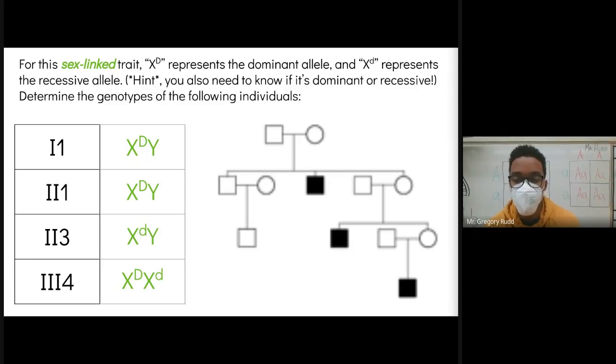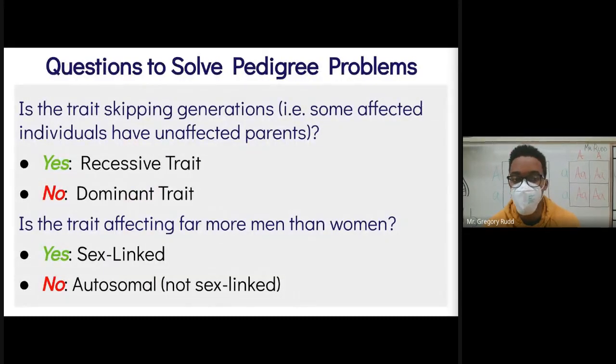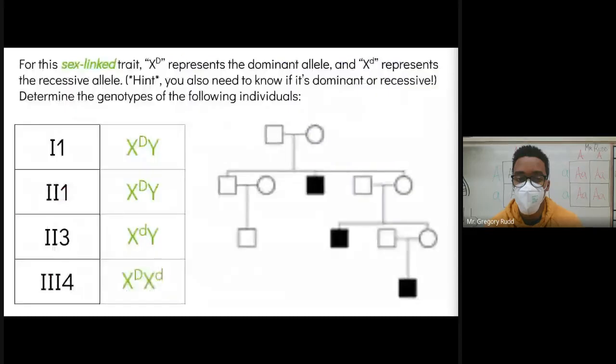So this is kind of tough. For the most part, this is what we need to be able to do. We need to ask ourselves these questions. I don't even think on the EOC exam they will ask you to determine the genotype of individuals. I think they'll just ask you to look at a pedigree like this and say, what kind of trait is it?